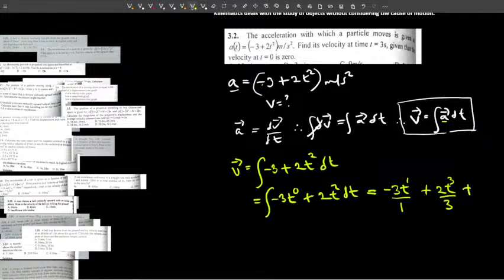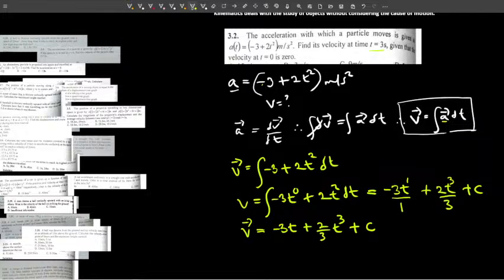And don't forget to add the constant. So my velocity equals minus 3t plus 2 over 3 t cubed plus c. We're told to find the velocity at the time of what?